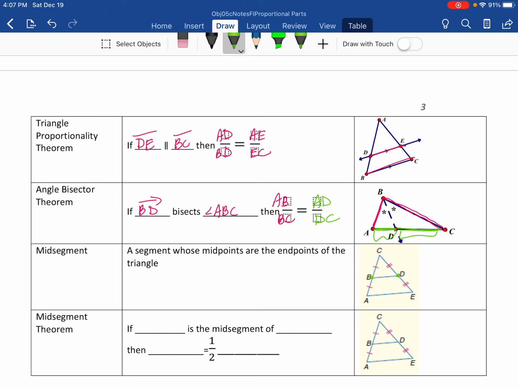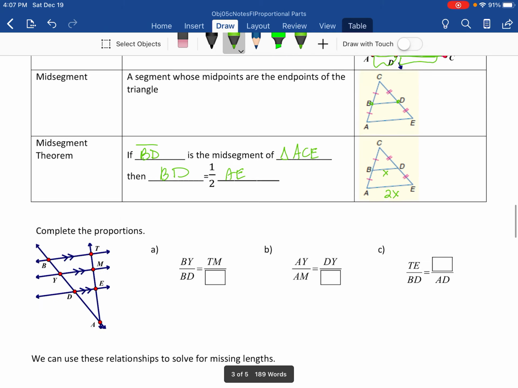And there's a property: if BD, in this case, is the mid-segment of triangle ACE, then BD has to be 1/2 AE. So if this is X, this is going to be 2X. So that's the mid-segment theorem.